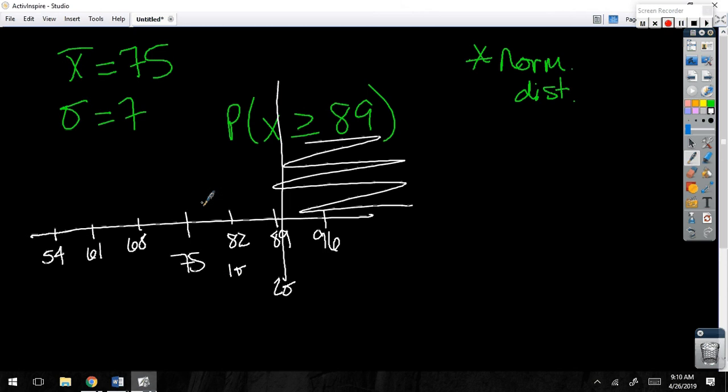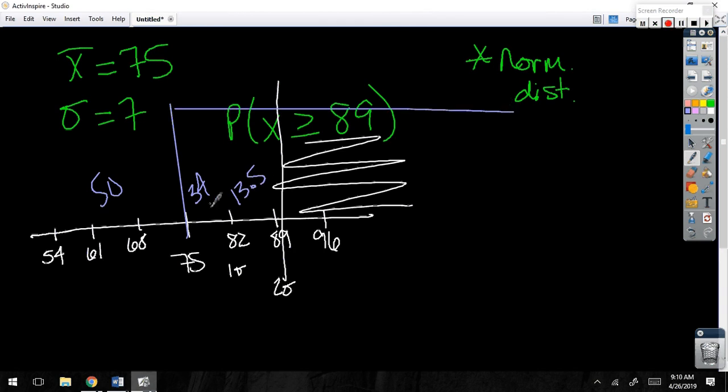Remember, if you're looking at your chart, this one's 50, so we know we're taking it out of 50 to start with. This is 34. This was what, 13.5? I want 50% minus these two.